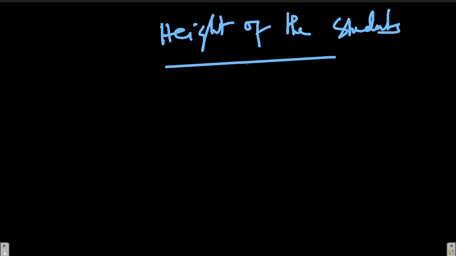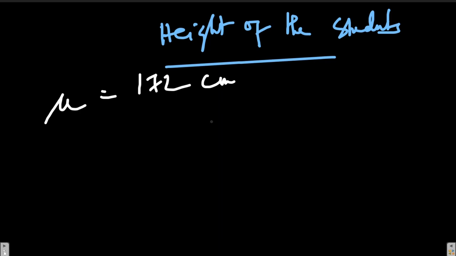Let's say I have a population parameter, and I usually denote the population parameter with a mu. Let's say it's a mean. So mu is, let's say, 172 centimeter. That's the height of the students in a given town, aged maybe 12 to 14. I'm getting the mean height of the boys or girls, and let's say that's 172 centimeter.